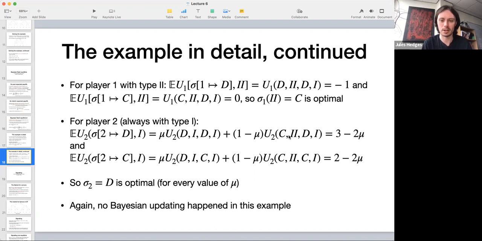So they know as a prior that they're type 1 with probability 1. So learning that doesn't give them any new information. There is no Bayesian updating. So in the end, we get this, and we learn that player 2's strategy, and implicitly this is sigma 2 of type 1, is D for every value of mu.